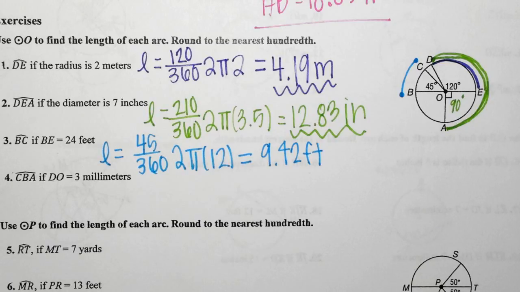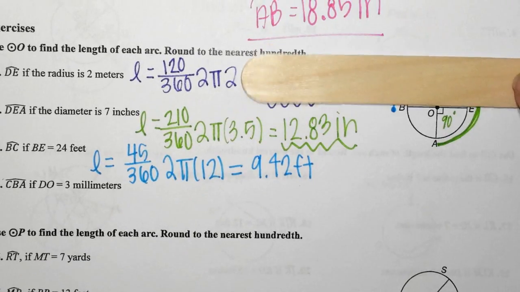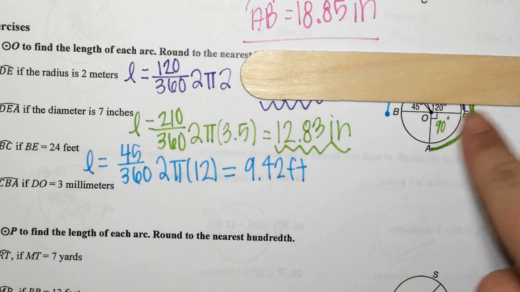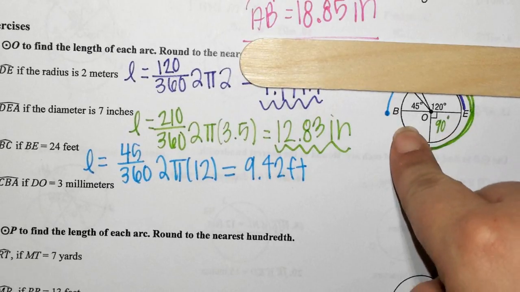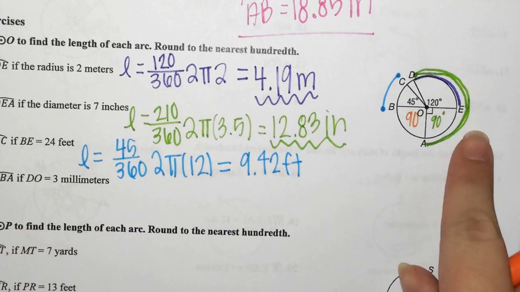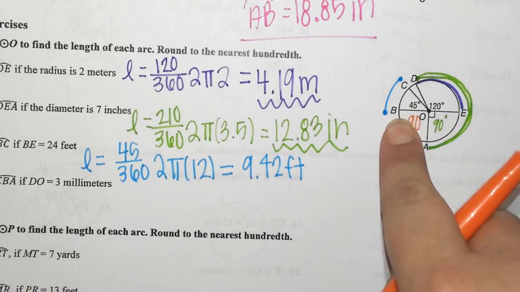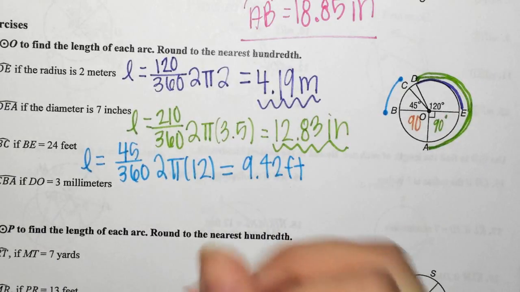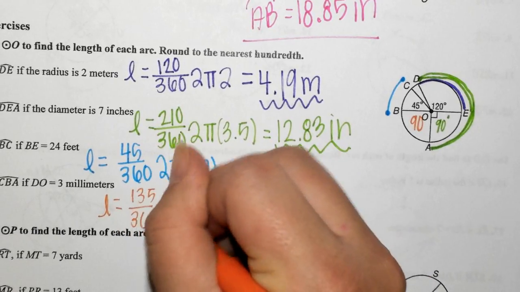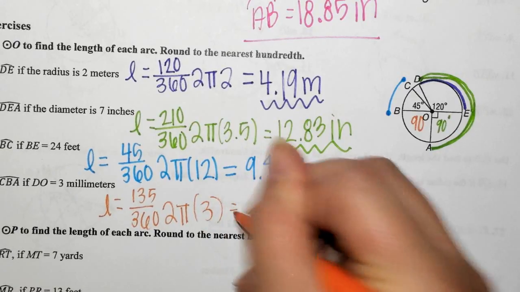CBA. So you have to add 2 of them together. Do we know how many degrees AB is? No. Well, if I cover this up, how many is left? How many degrees is this right here? The whole thing, 180. And if that's 90, then this has to be 45. So to find the arc length of CBA, you add 90 and 45, which is your degree, 135 over 360, 2 pi times 3.